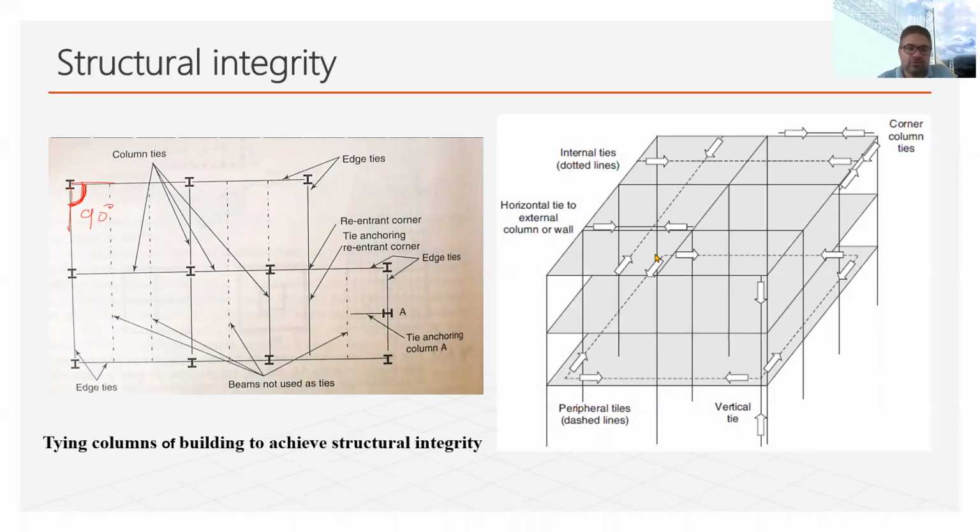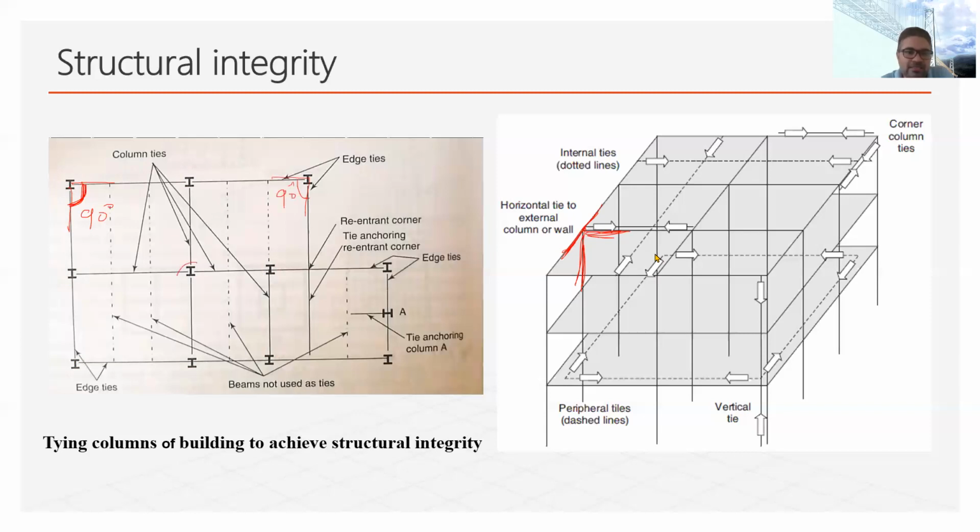Okay. So in other part, you can see this is the column. It is being ensured it will not deflect. It is tied with this beam, it is tied with this beam and with this beam.